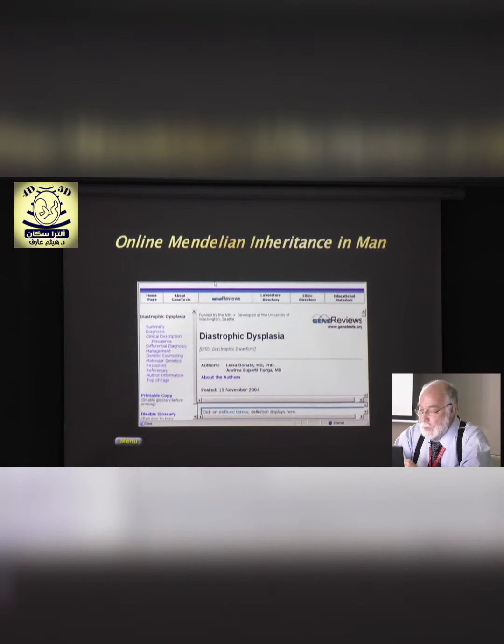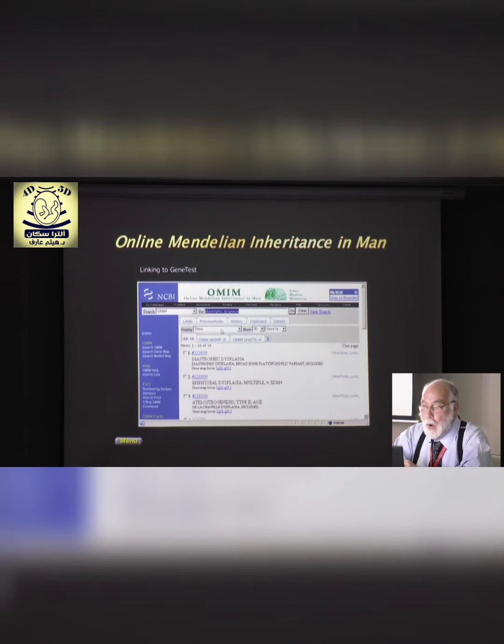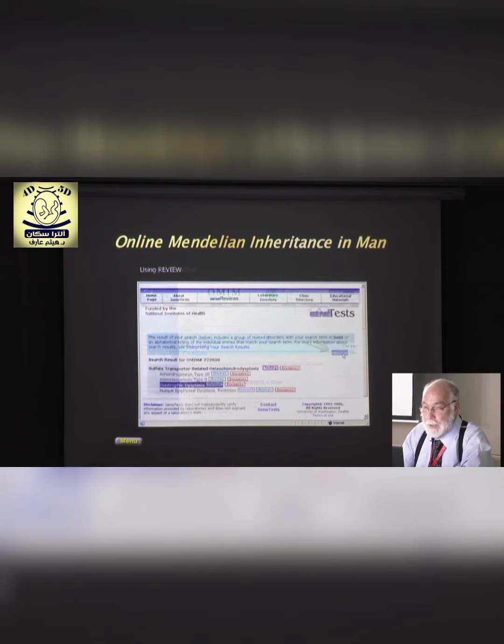Okay. Now, when you do some searching in OMIM, you can find a connection on the right side. You see diastrophic dysplasia, and when I go to the right side, you have GeneTests. Has any one of you gone on to GeneTests? That's an important website, also covered by the NIH.